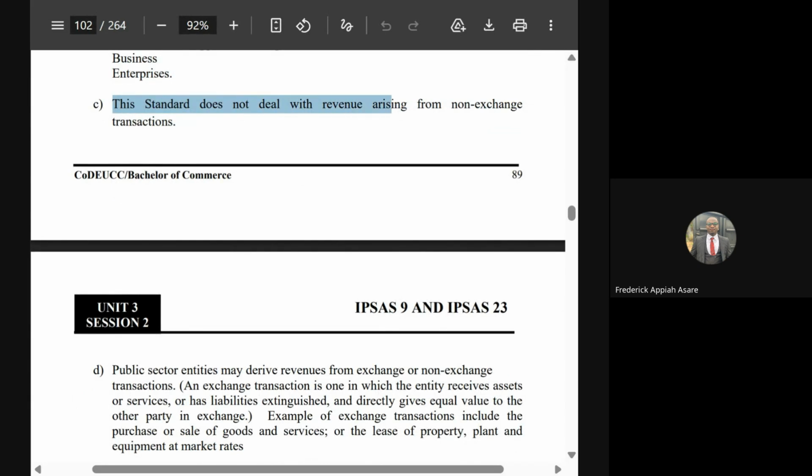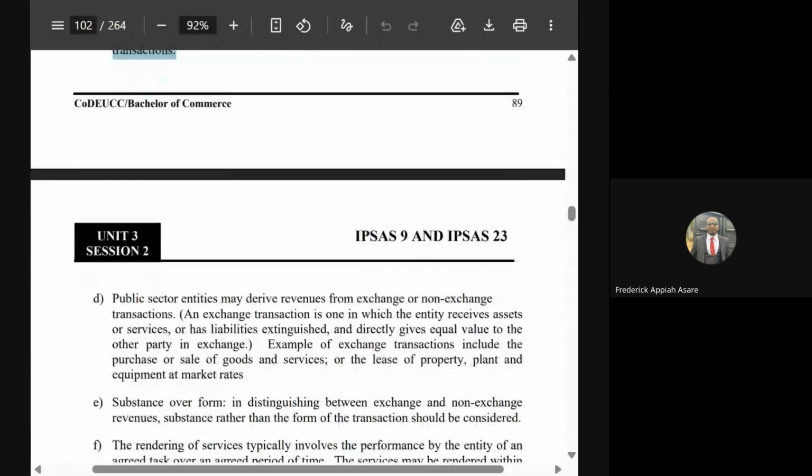This standard does not deal with revenue arising from non-exchange transactions. That is outside the scope of IPSAS 9, because it's just a gift that you are receiving, it doesn't necessarily mean that you are going to push something back to them.